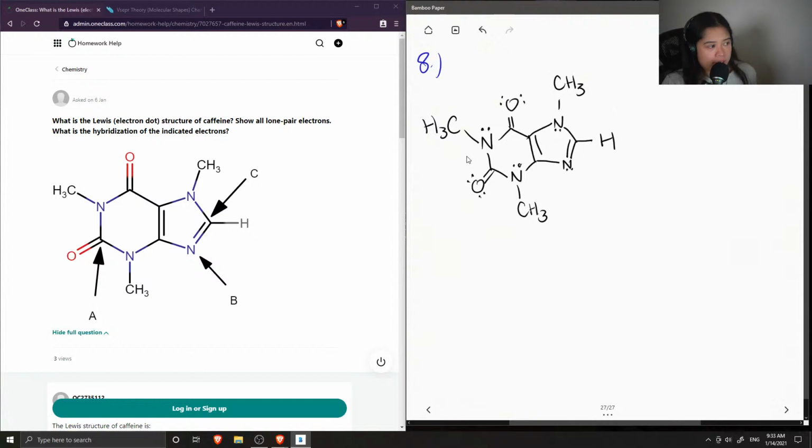And now we need to know the hybridization of each of the indicated atoms. So this is pointing at, I believe, the carbon right here.